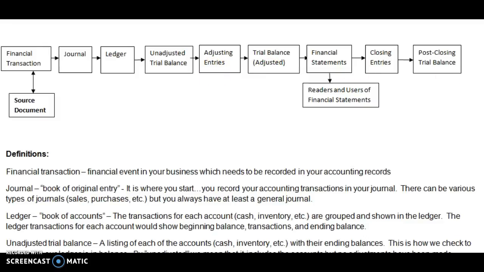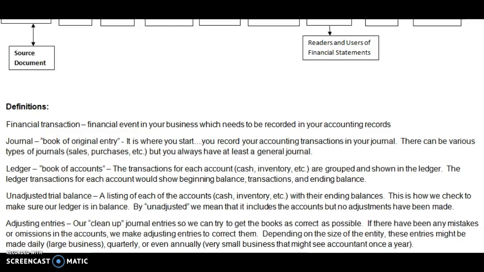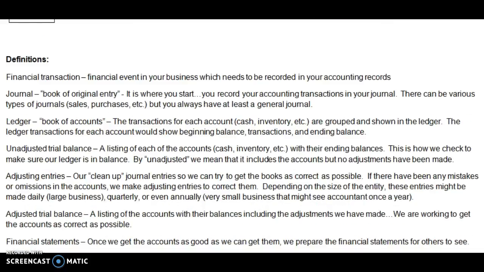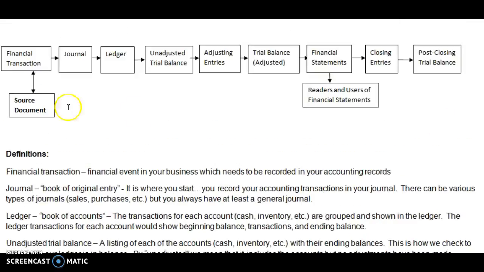Now, depending on the size of your business, we could do these adjusting entries anywhere from daily to just annually. I've dealt with small businesses that just see the accountant once a year, and the accountant does the transactions annually. So the financial transaction gets recorded. We go from the journal, where we initially record it, to the ledger, run a trial balance.